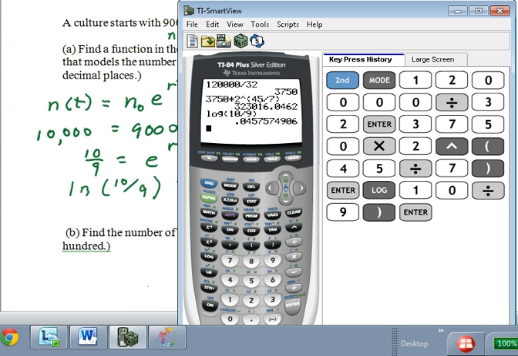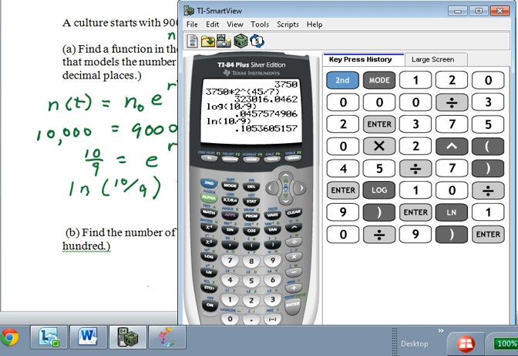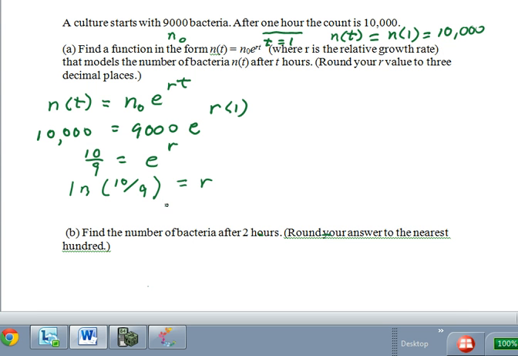And I'm sorry, I used the common log. Let me start again. I should have used the natural log. Natural log of 10 divided by 9 is 0.105. So r equals 0.105, a rate of 10.5% growth.